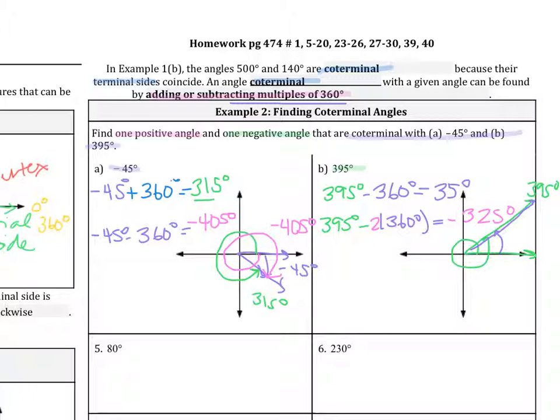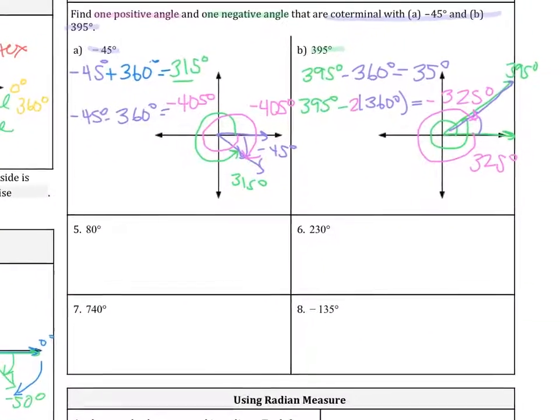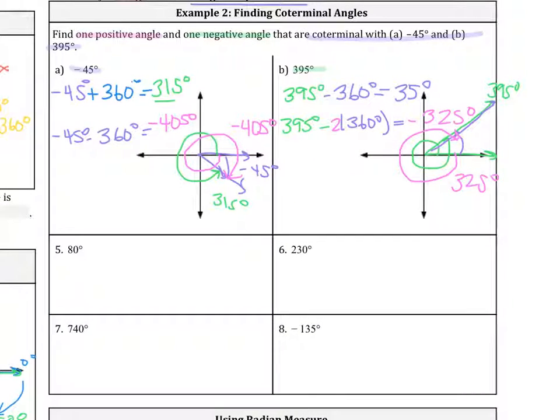And then negative 325 degrees just goes the other direction, so from here you're going around, and that is negative 325 degrees. Go ahead and try these four here. We don't need to draw the angles anymore. I just want you to find mathematically one positive and one negative angle by adding or subtracting multiples of 360.